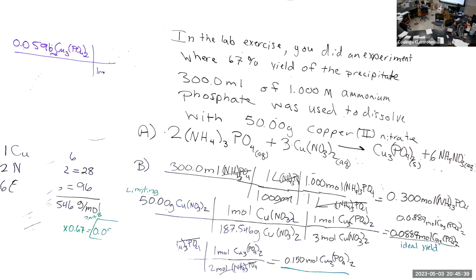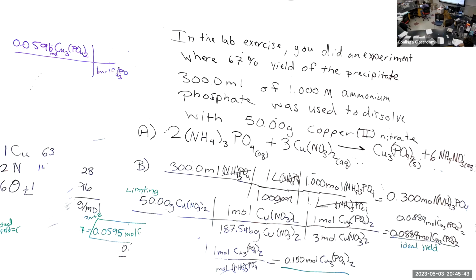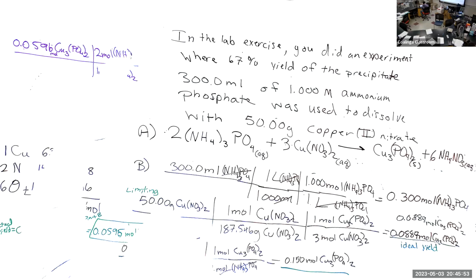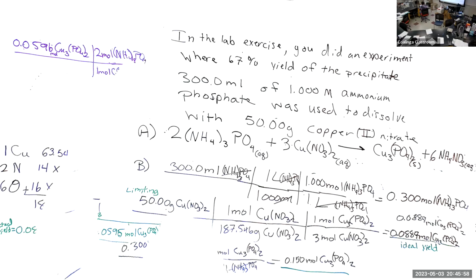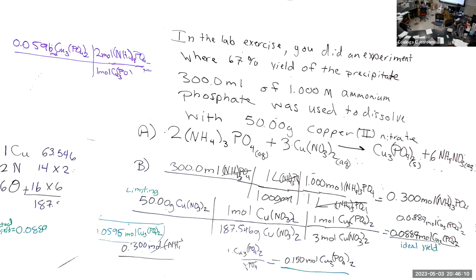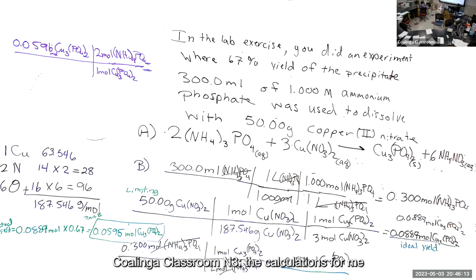One mole of our copper 2 phosphate, 2 moles of ammonium phosphate. Okay, so then this tells us how much ammonium phosphate we actually use. Do the calculations for me. Do the heavy lifting for me.